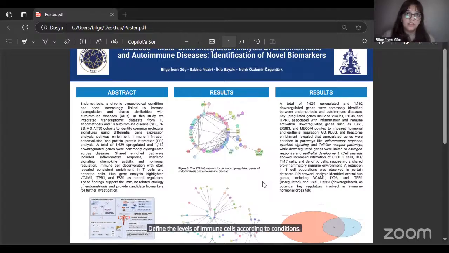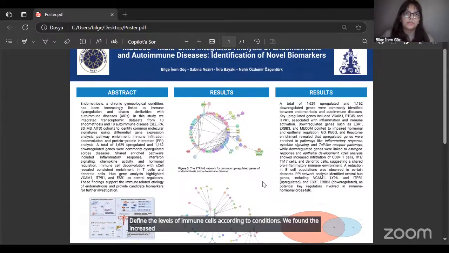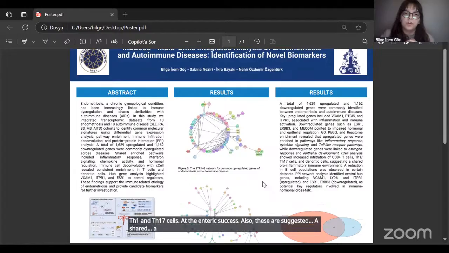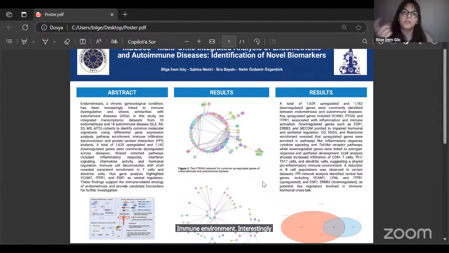We found increased infiltration of CD8 positive T cells, Th1 and Th17 cells, and dendritic cells. Also, these suggest a shared pro-inflammatory immune environment. Interestingly, some of the B cells were downregulated in the autoimmune diseases.